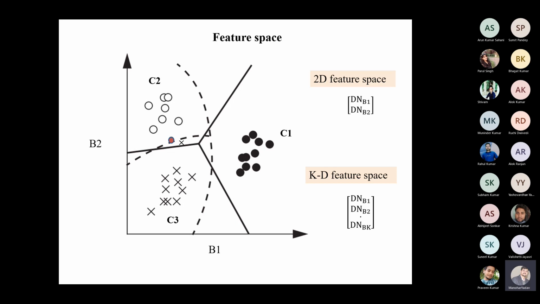Now we need to draw a decision boundary. When you select an unknown pixel, let's say an unknown pixel is selected here and it is marked red in color. If, from the given information, you need to assign this red marked unknown pixel to class C1, C2, or C3, how is it done?